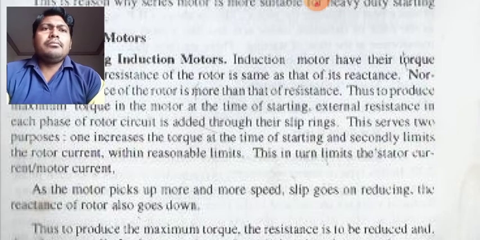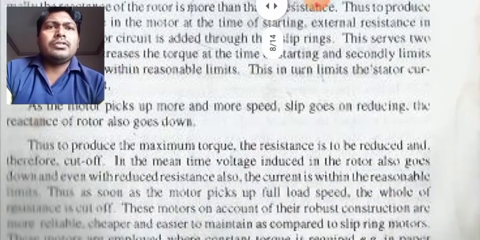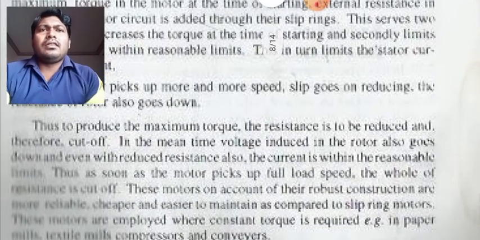As the motor picks up more and more speed, slip goes on reducing. Now students, as the speed increases, the slip decreases, and the reactance of the rotor also goes down. Thus, the resistance which was introduced to produce maximum torque is therefore cut off.